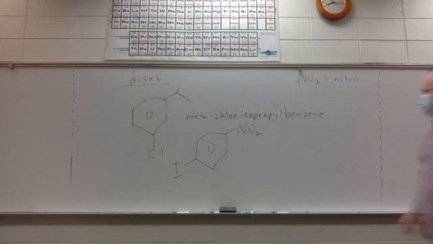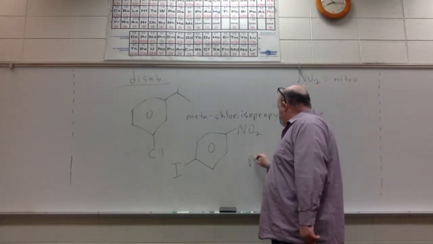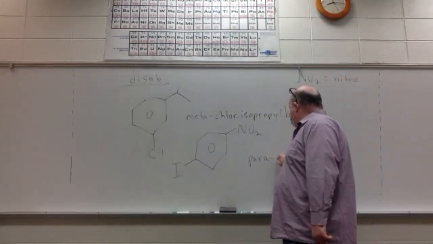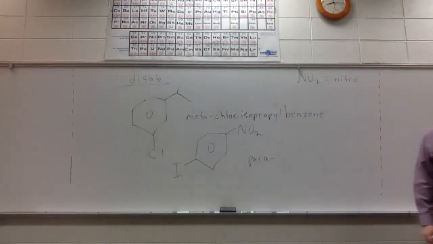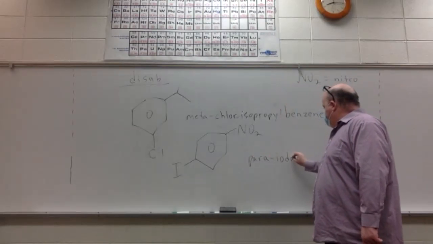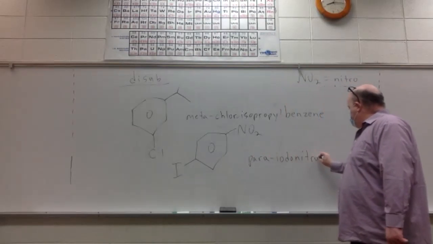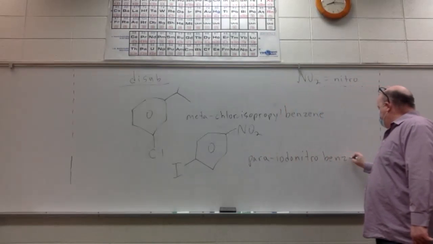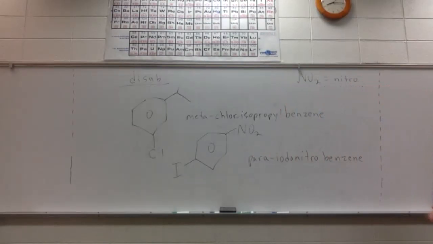Para. All right, so we have para. We have iodo and nitro, right? So we're going to write iodo first. Iodonitrobenzene. So far, so good.